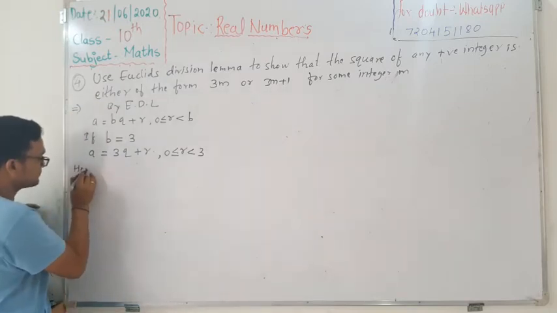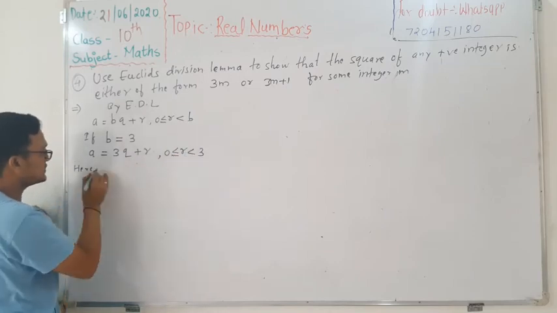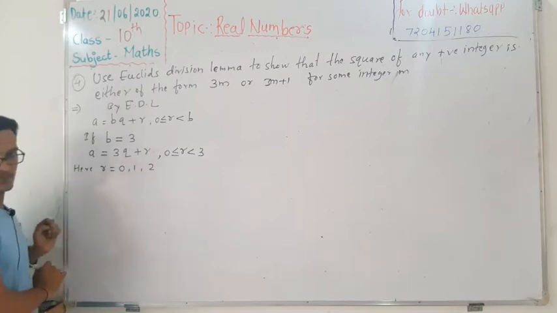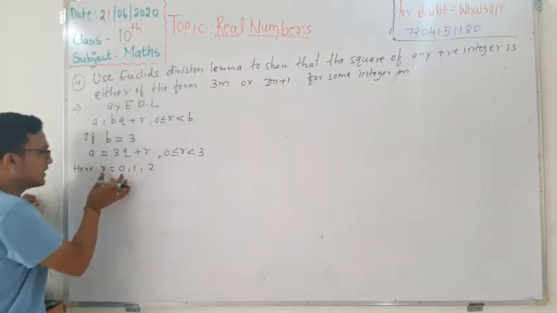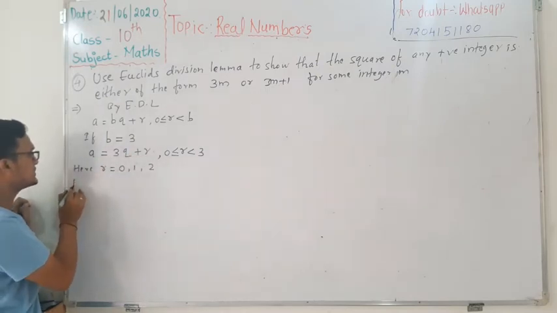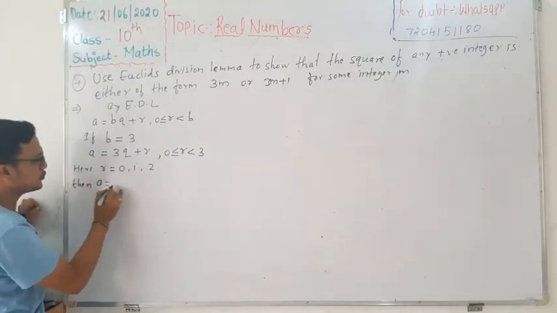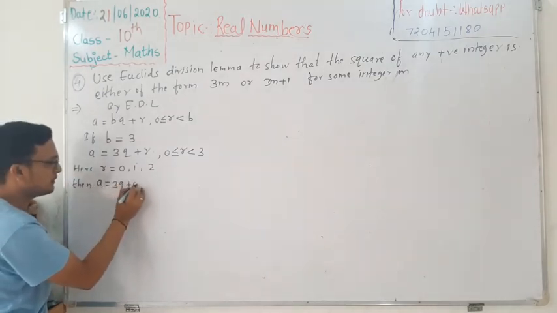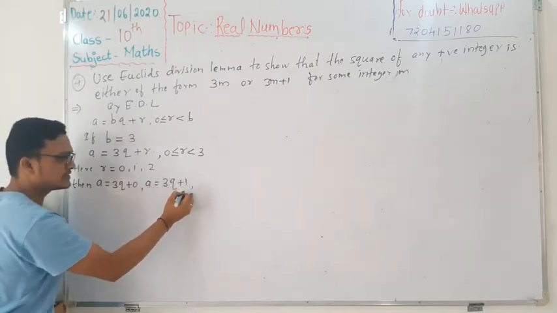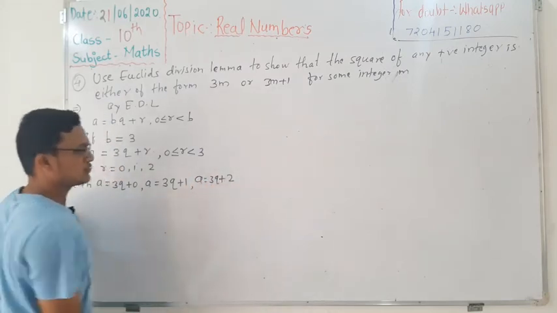It means r equals 0, 1, 2. Now if you put these values in a, then a equals 3q plus 0, a equals 3q plus 1, a equals 3q plus 2.